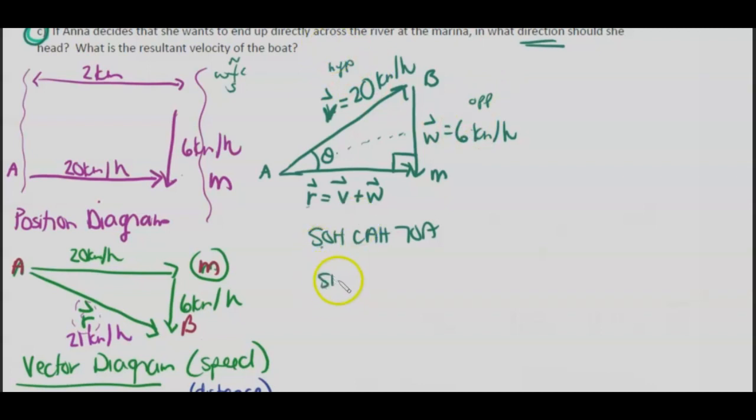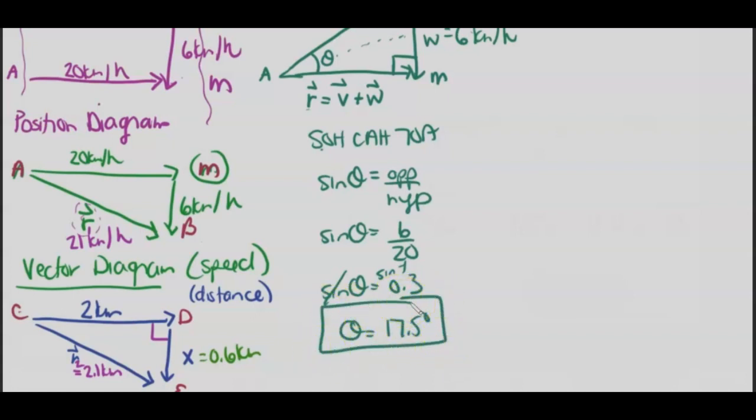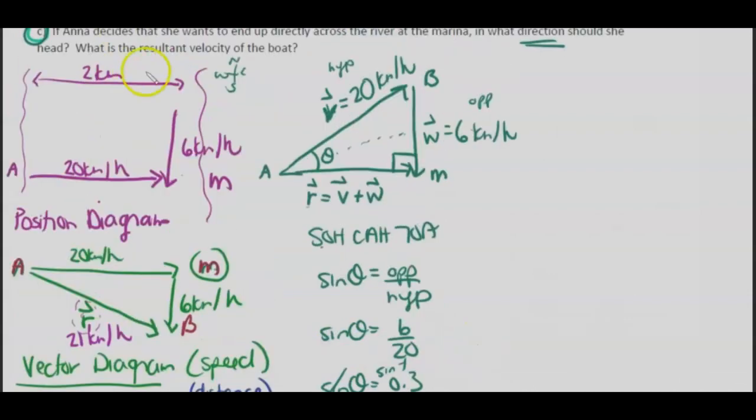So we're going to use sine. Sine theta equals opposite over hypotenuse, which is 6 over 20. So I get sine theta equals 0.3. And when we sine inverse both sides, I get theta equals 17.5 degrees.